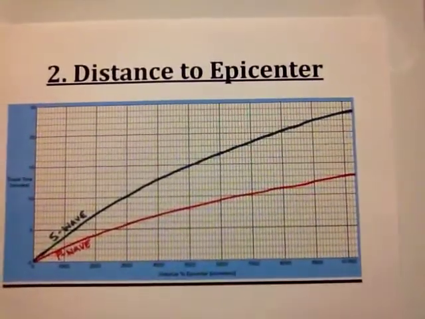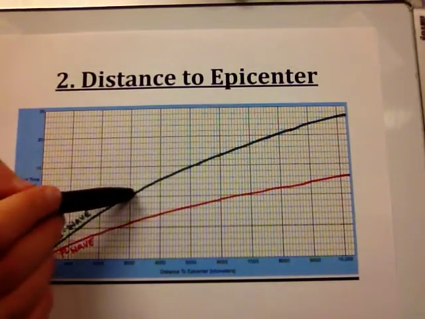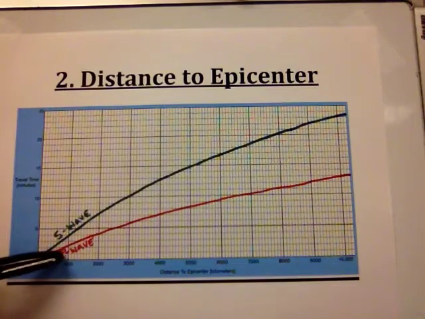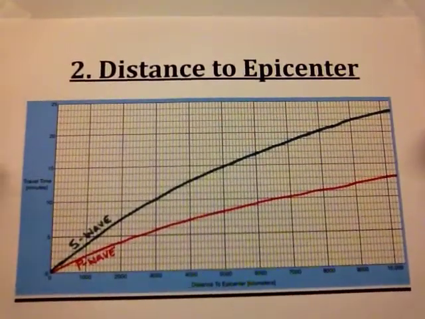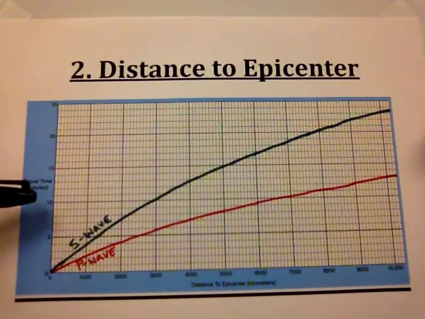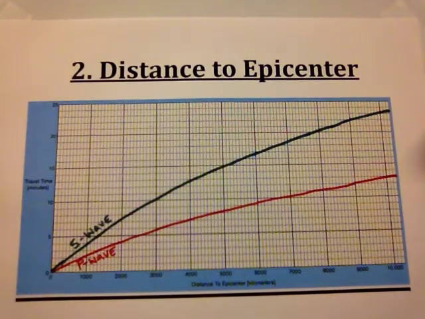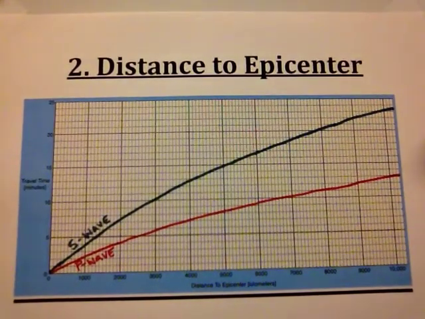So in your figure, you might have really small dots. You want to connect those dots to make the S wave travel curve and the P wave travel curve. The great thing about this graph is it allows us to take travel time, like an S minus P time interval, and convert that to a physical distance in terms of distance to the epicenter from the seismic station that we're investigating.